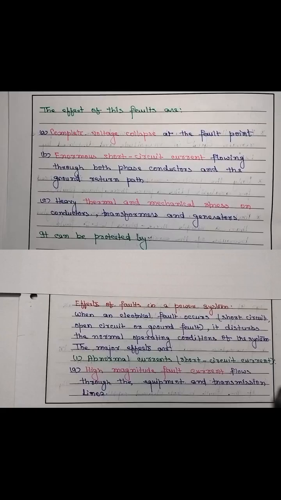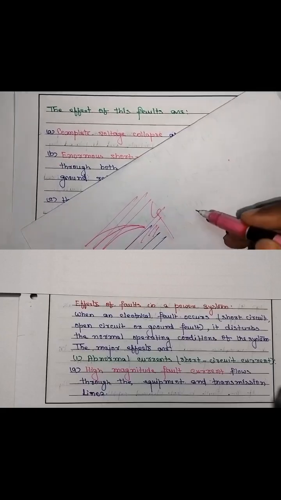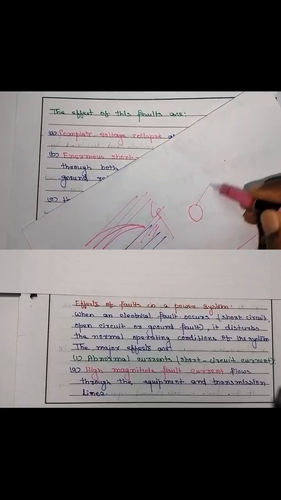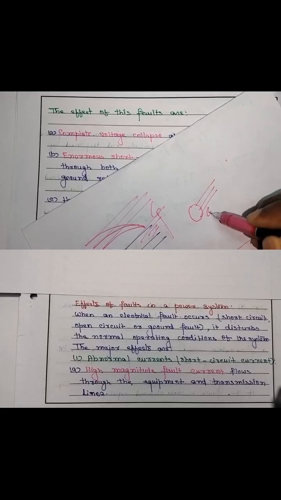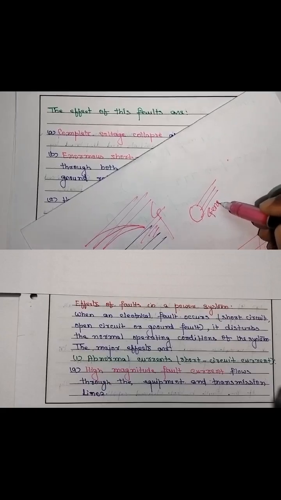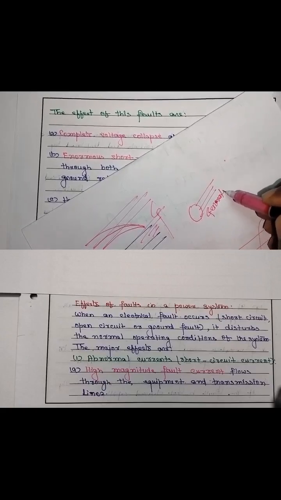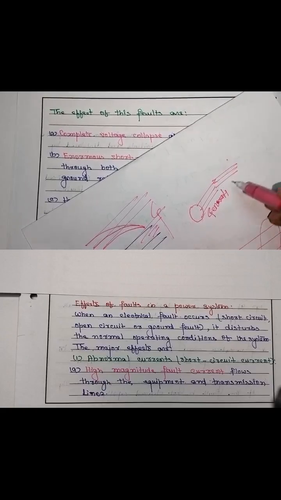Means already I have told you the one point is that it mainly occurs at the generation side, not in the transmission side, not in the utilization side. That's why this type of fault can also be called the generator fault.